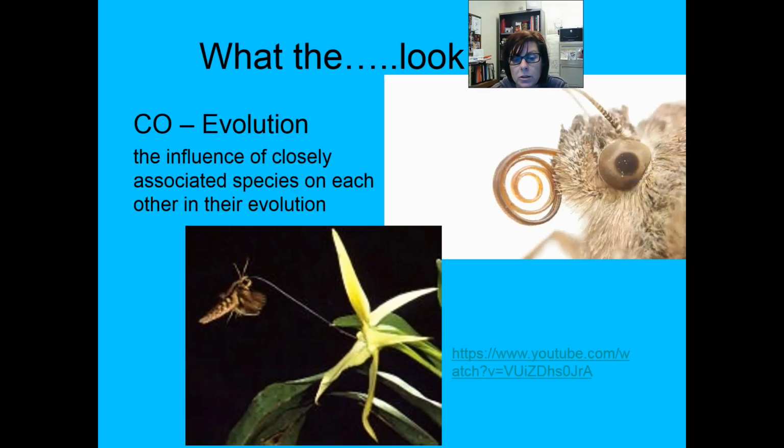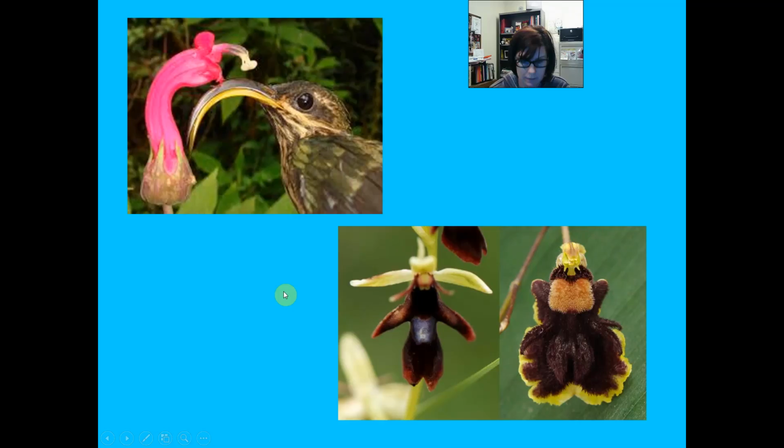And he also predicted and drew pictures of how this moth pollinator must have had a very long proboscis, a feeding tube. Even though he never saw it, he predicted it, and then it was several decades later that the moth was actually discovered, observed, and they were able to collect those specimens.